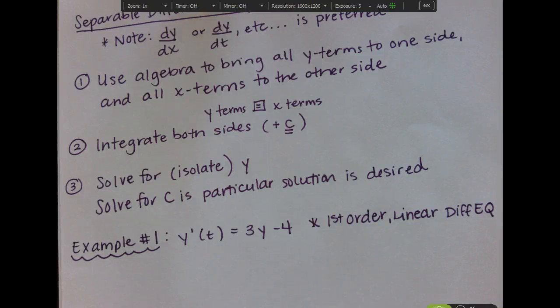Let's go through some of this process that I outlined above. First things first, I want to get rid of y prime, and because it's a function of t, I'm going to use dy over dt to replace that notation.